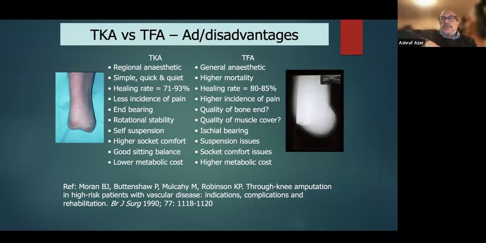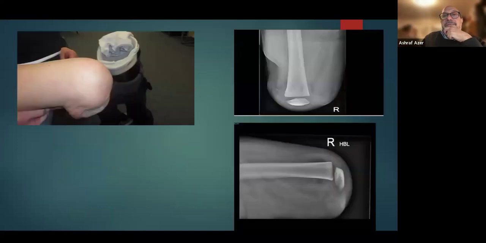You put pressure in the lower end of the socket, so it will be part of you. And then the socket doesn't need to go up to the ischium. It needs to go to the two-thirds of the femur, so then he can sit properly without causing any pressure on the ischial area. Now, if you go through this and end bear on these sharp ends, it will be a nightmare.